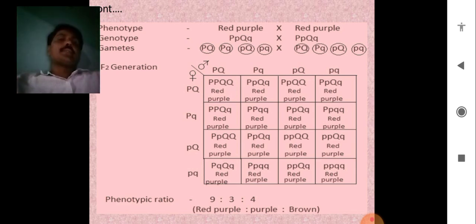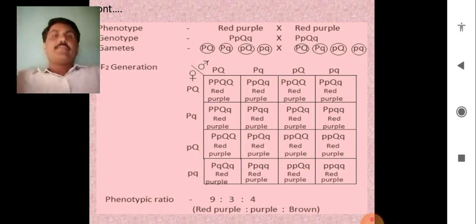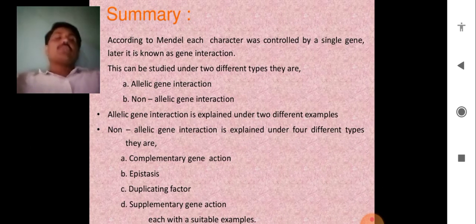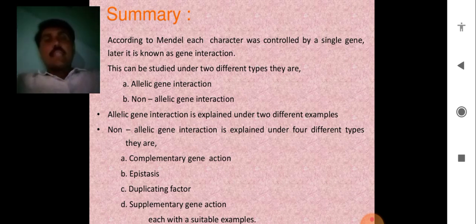Friends, while looking at this gene interaction, we come to know that according to Mendel, each and every character was controlled by a single gene. Later, this is known as gene interaction.